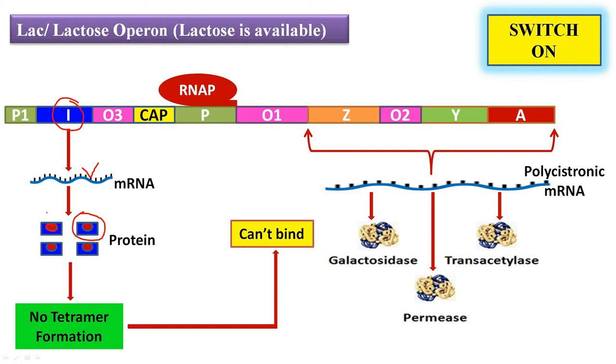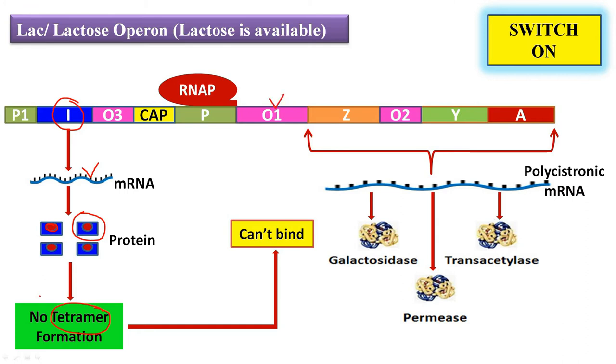So allolactose binds to the repressor protein, and this causes a conformational change in the repressor protein, and as a result the tetramer will not be produced. And since there is no tetramer, there is nobody to block this operator site.